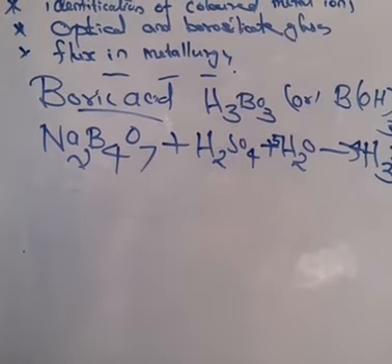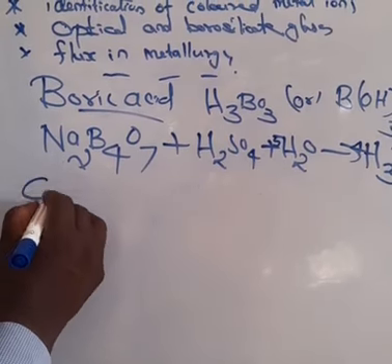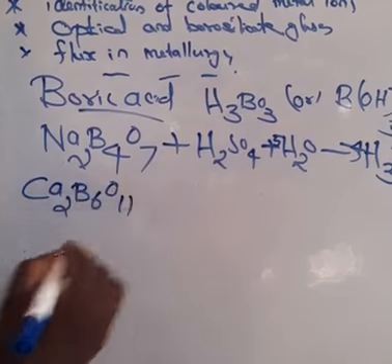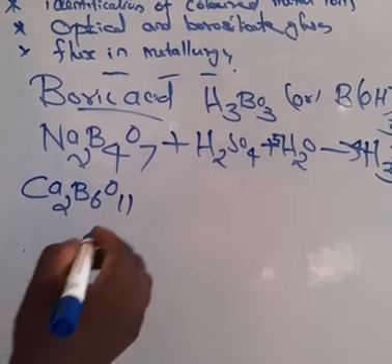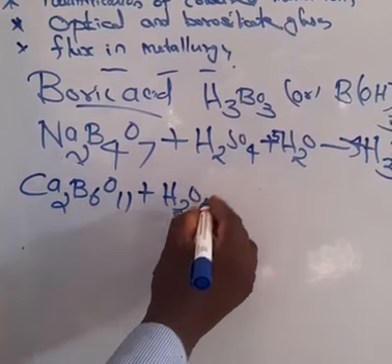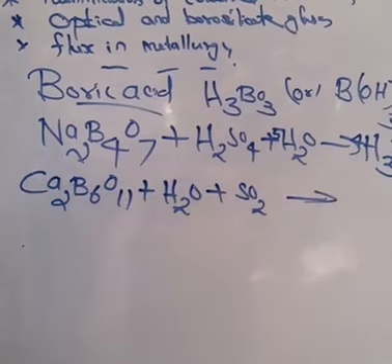Next one. Again, boric acid is prepared from colemanite ore. Already I told you about the formula, Ca2B6O11, colemanite ore. This reacts with water and also sulfur dioxide. We are giving sulfur dioxide.